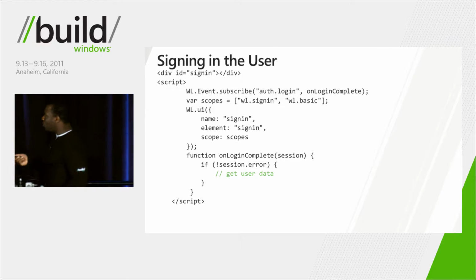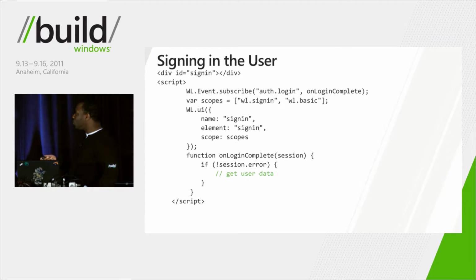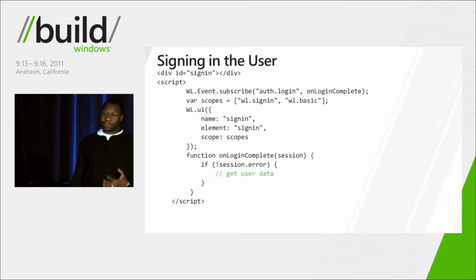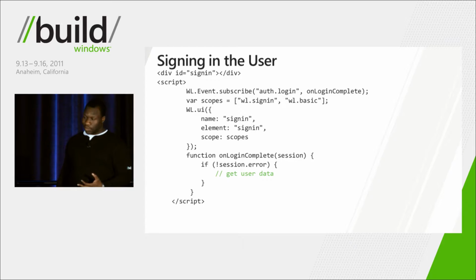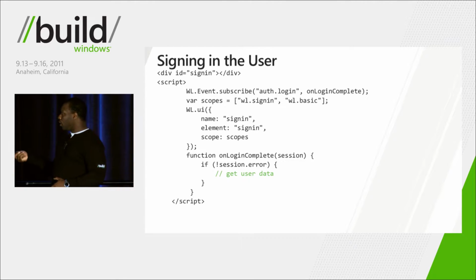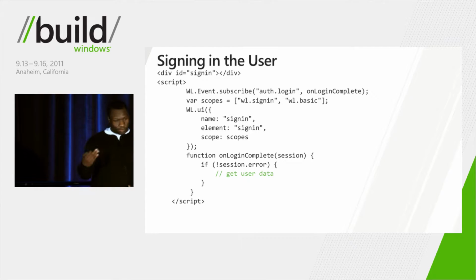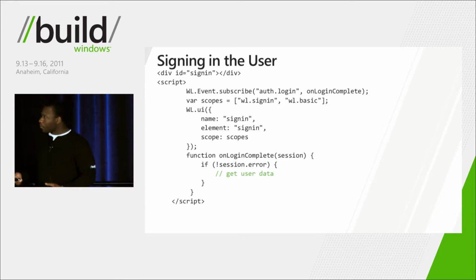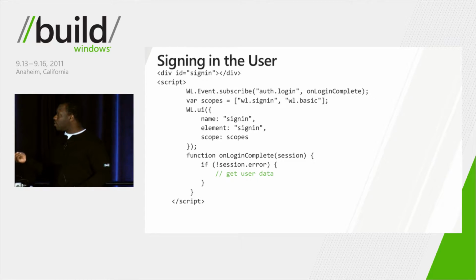The first line of the script is an event handler that is saying when the user is successfully logged in or unsuccessfully logged in, the onLogin complete function should be called. That function is written by the application developer, and it can be called whatever you want to call it. The next line specifies the scopes.